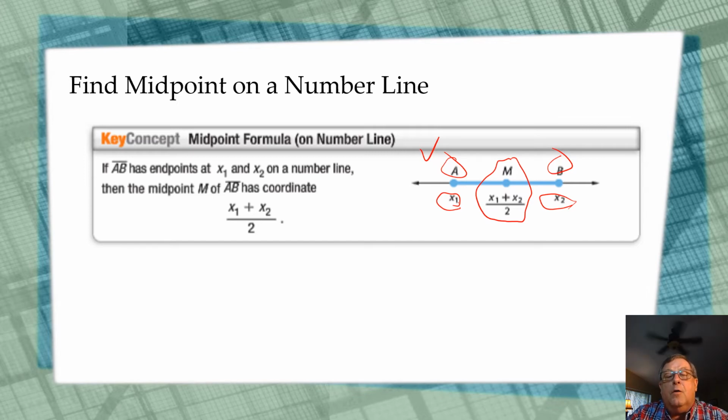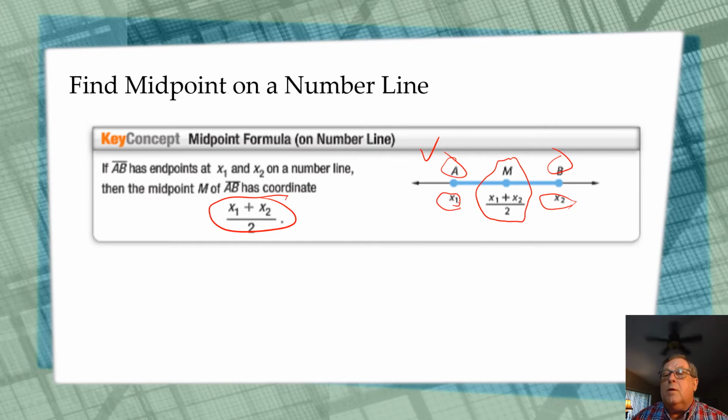So if we know two endpoints on a number line, and we're trying to find where the midpoint between, in this case, points A and B lies on the number line, we can use this handy dandy formula. We're going to call it x1 plus x2 over 2. So we take the two values we're given, add them together, and divide by 2.